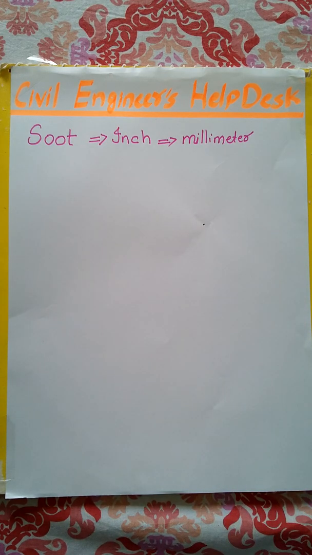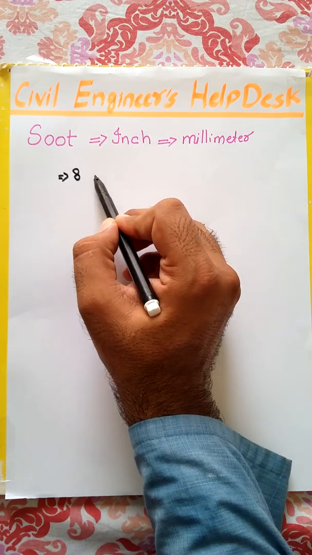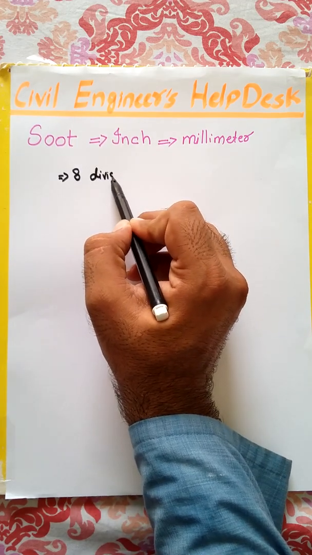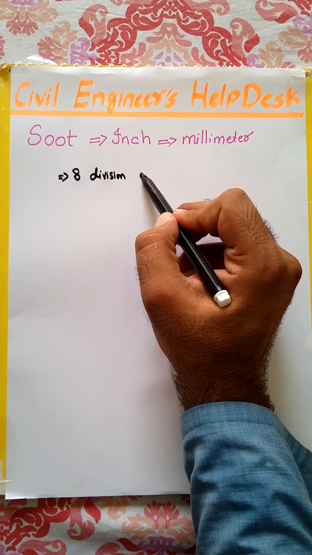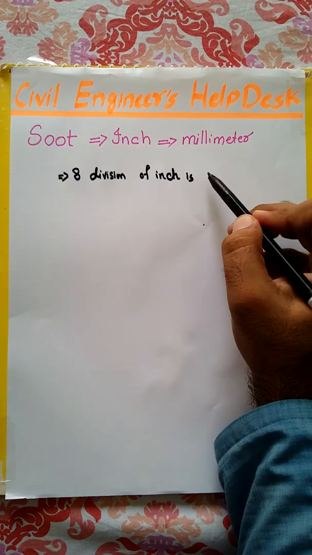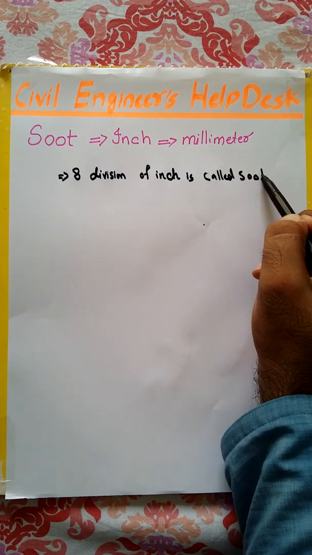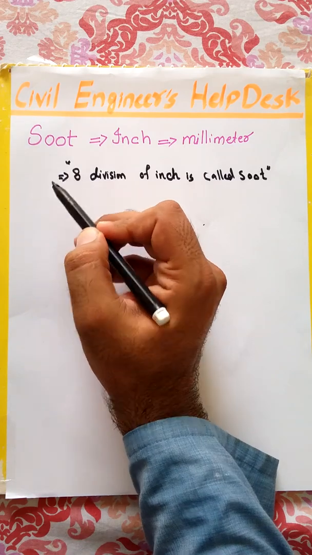So here we get the definition of Sooth. What is the definition of Sooth? The 8 divisions of an inch are called Sooth.